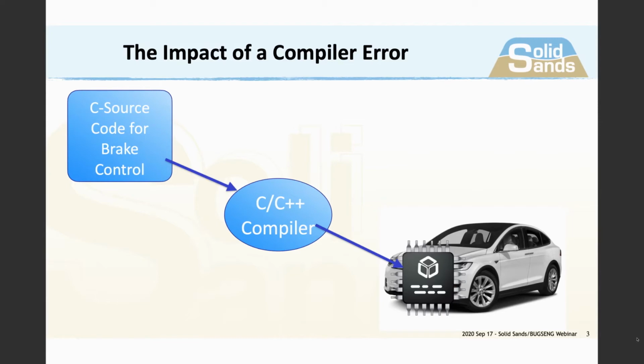And generally, compilers are seen as trustworthy. But as we may have seen in the poll, only 10% of you have never hit a compiler error. So yes, compilers are very good, and compilers can be trusted in many cases. But apparently 90% of the audience here has actually run into more than one compiler error.